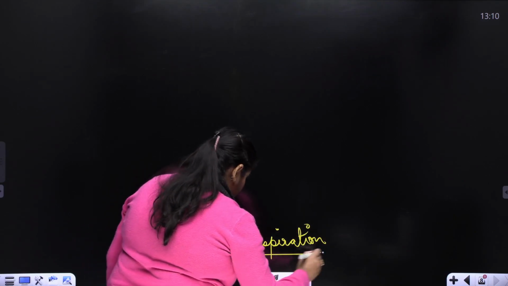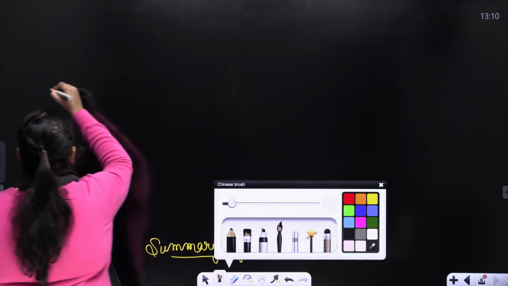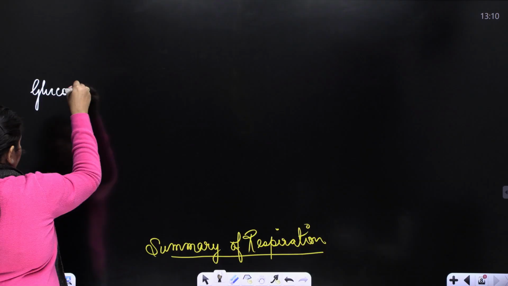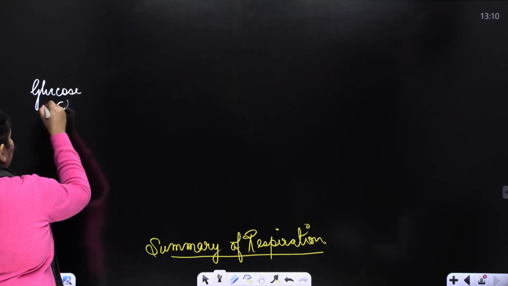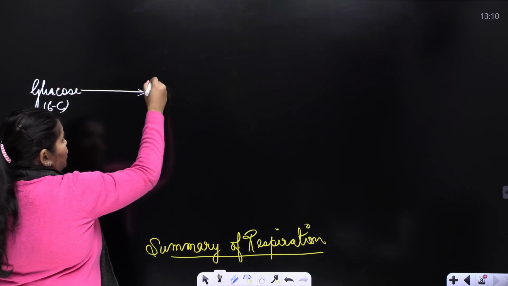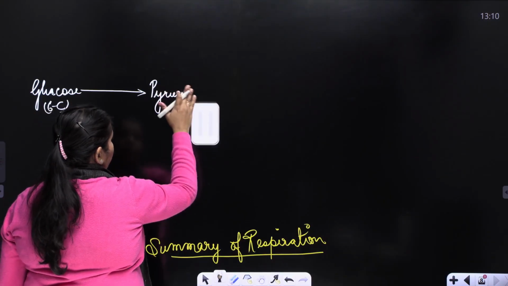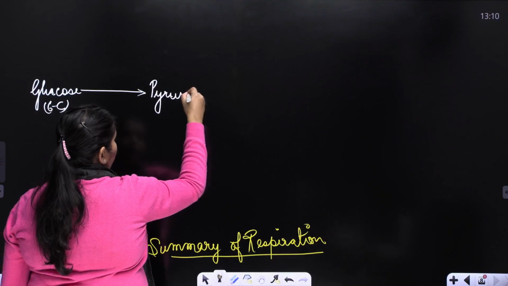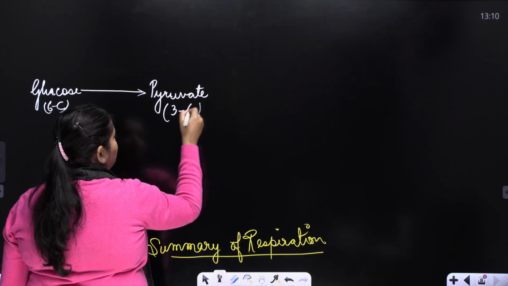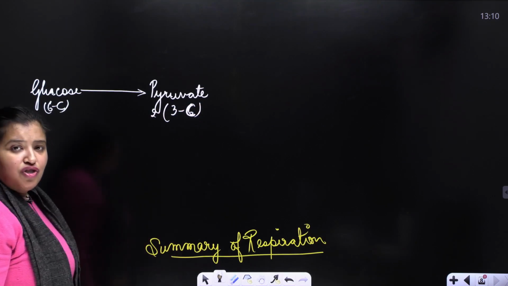Now, children, the process of respiration starts from where? The process of respiration begins from glucose, which is a 6-carbon compound. This 6-carbon compound glucose changes into pyruvate or the pyruvic acid, which is 3 carbons. So 2 molecules of 3-carbon compound are generated.